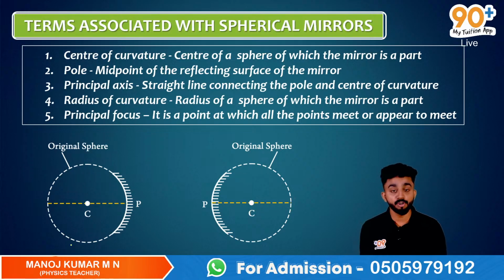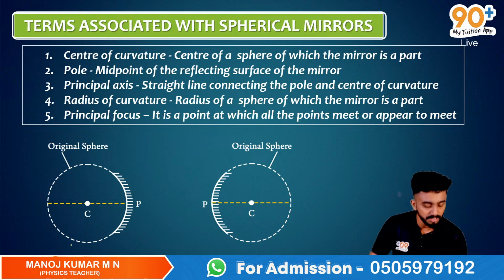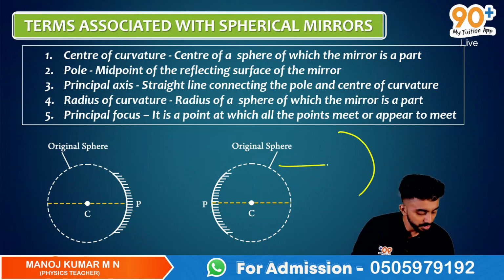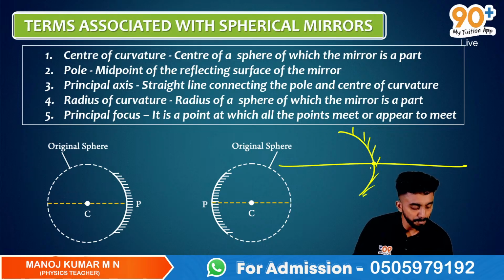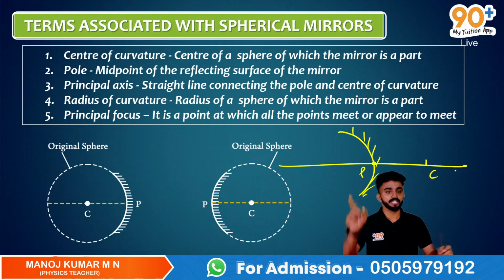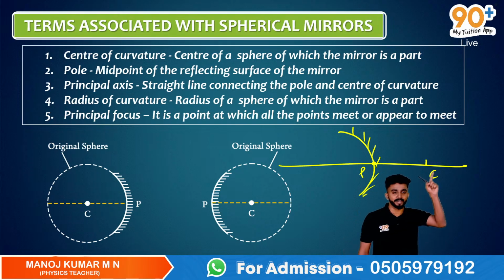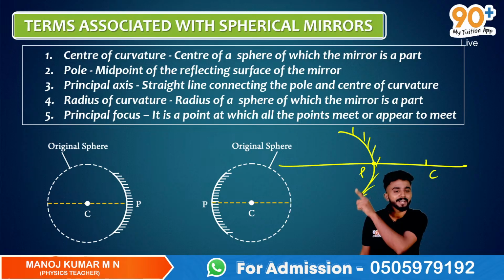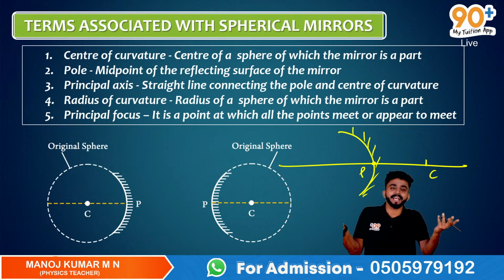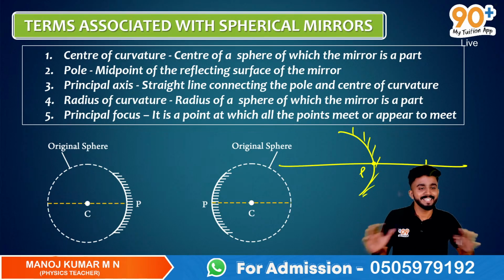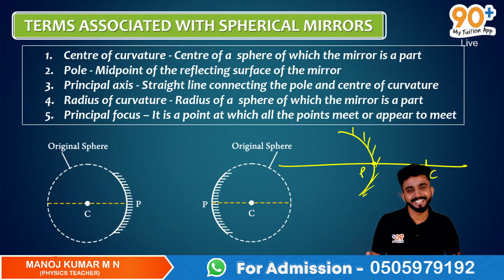When you draw diagrams of image formations, you'll be drawing a concave mirror like this, and this will be the pole of the mirror, and this will be the center of curvature. This particular line which connects the center of curvature as well as the pole of a mirror is called the principal axis. As simple as that. Easy, learn, done and dusted, isn't it?